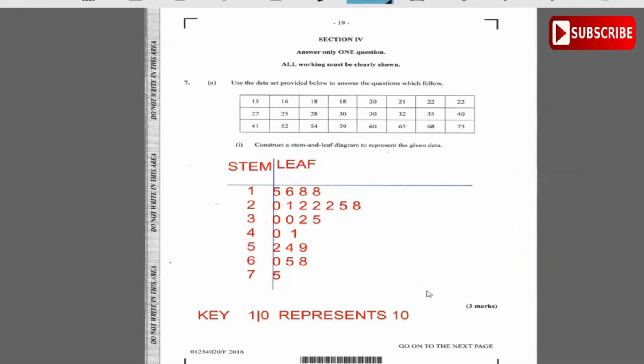So that's the key. Maybe if you want, you could tell them that something like 1 | 5 represents 15. Okay. So give them the key.